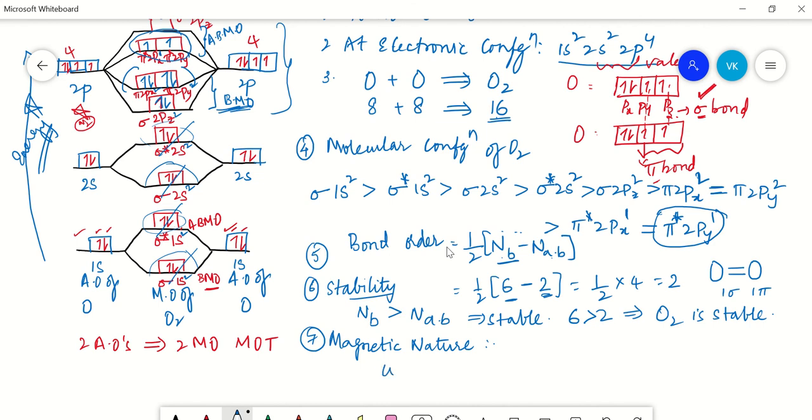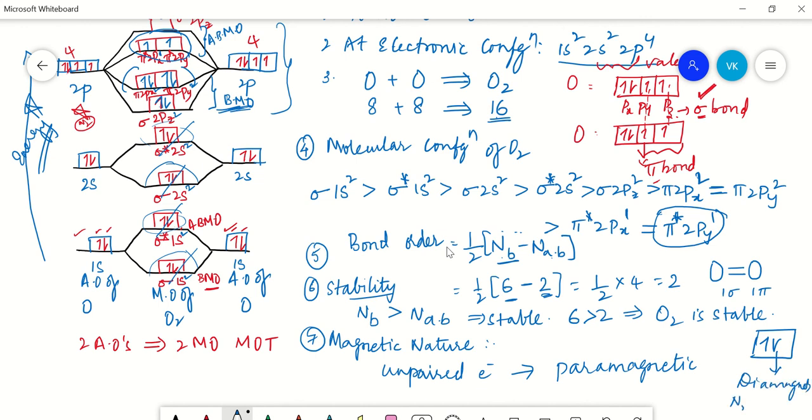And see, an unpaired electronic configuration is present here. As unpaired electrons are present in the molecular orbital diagram, we say this oxygen molecule is paramagnetic in nature. If it is a paired-up electronic configuration, then we say that molecule exhibits diamagnetic nature, like nitrogen, and fluorine will exhibit diamagnetic nature.